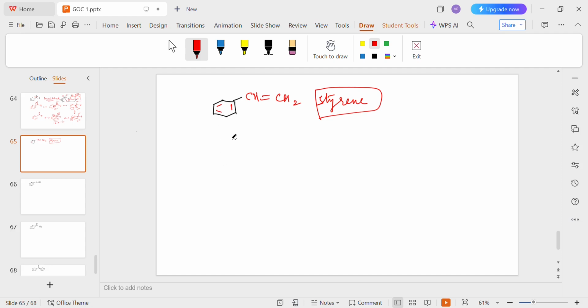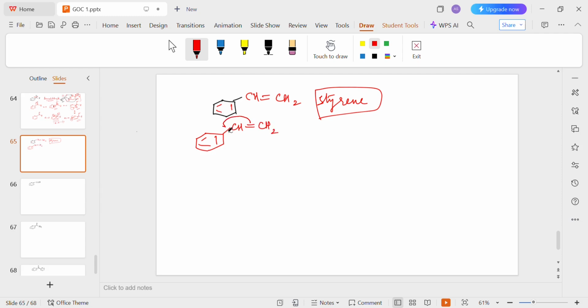So now you have the complete structure with the carbon-carbon framework. There is a choice: whether you move these electrons towards the ring or you move the ring electrons towards outside the ring. First, let us draw the electrons towards the ring. Then this pi bond goes here.